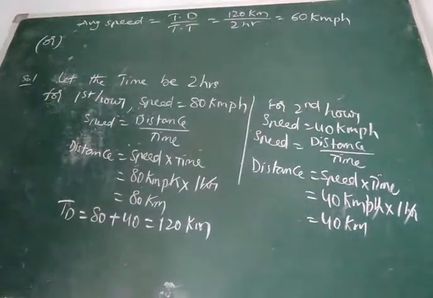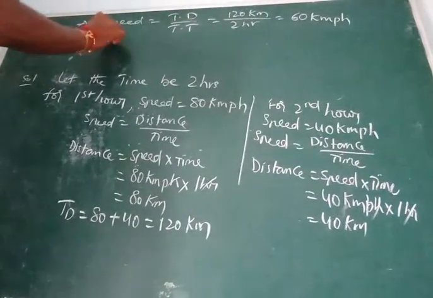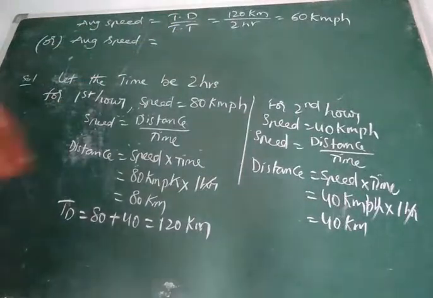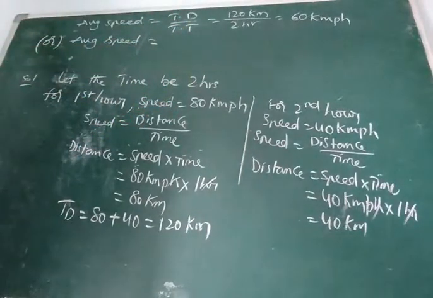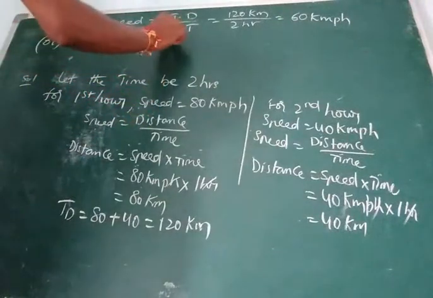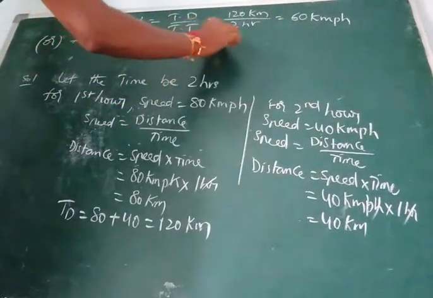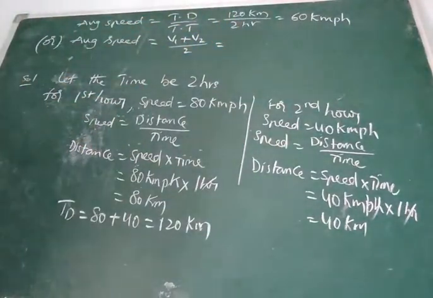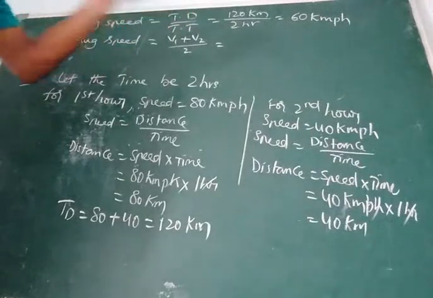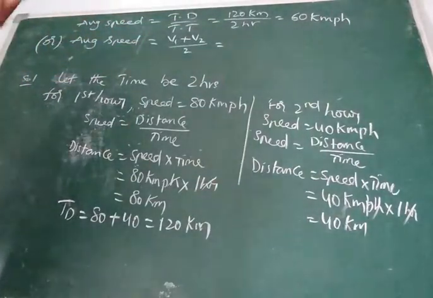As I already said in our previous videos, for average speed or average velocity, if the body covers the first half of the time with one speed and the next half of the time with another speed, then the formula for average speed in this case is v1 plus v2 by 2.